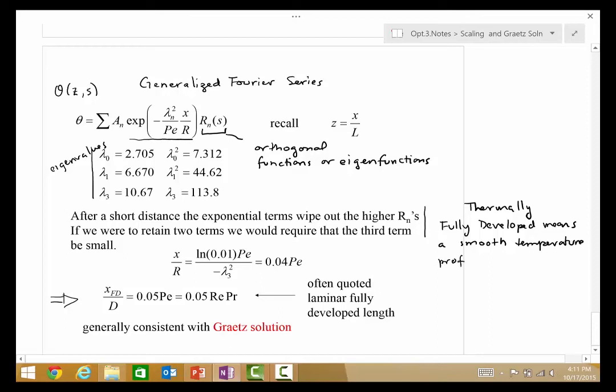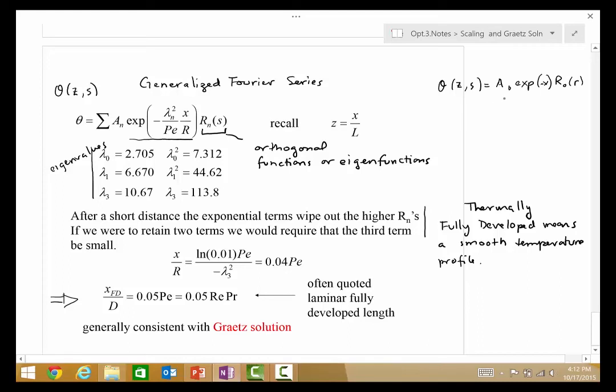I like to think about it in a simpler way: if theta were just using a single term expansion, you basically have A0 exponential of minus lambda squared x and this R0 in s or r.